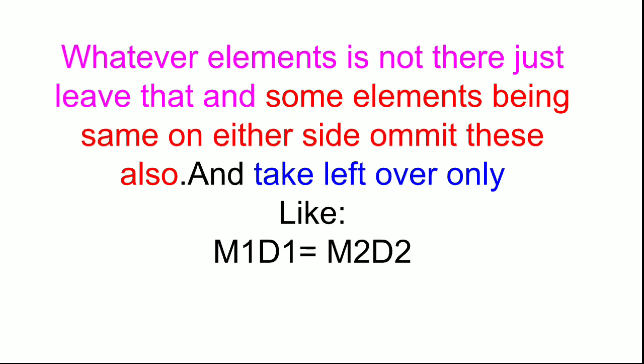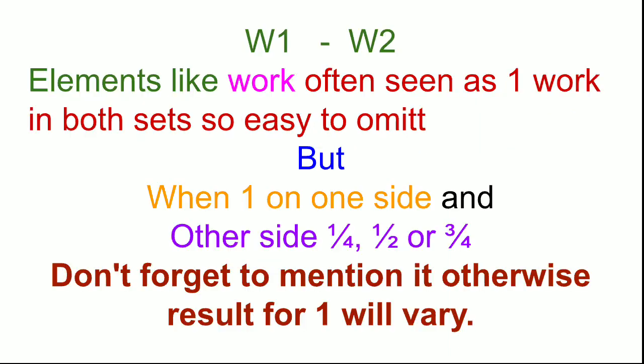Why? Because in both the sets, work mentioned is 1. Elements like work, often seen as 1 in both sets, so easy to omit, but when 1 on one side and other side 1 by 4, 1 by 2 or 3 by 4 is there, please do not forget to mention it, otherwise the result will vary.